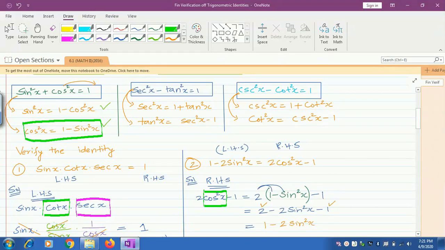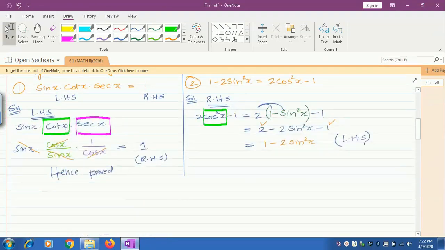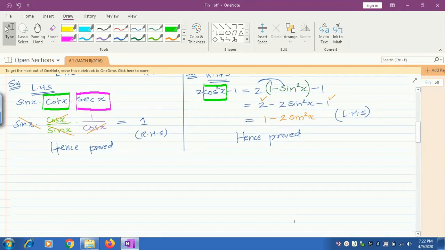So this is the proof. This is what you get in the LHS. Hence proved. Now we will go to the next problem.